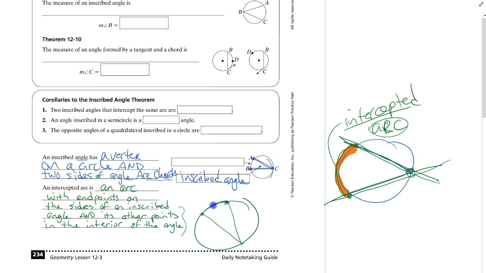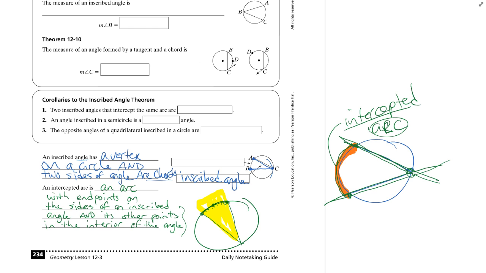So we're talking about this arc. Now, this arc has all of the other points that make it up. So there's a point on this arc that's part of the arc. And so all of these points are inside this angle.